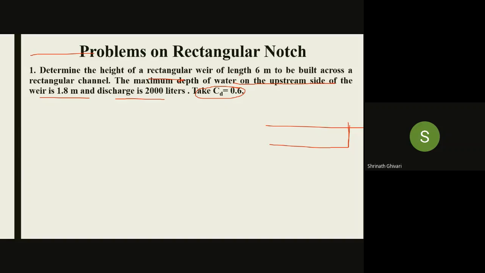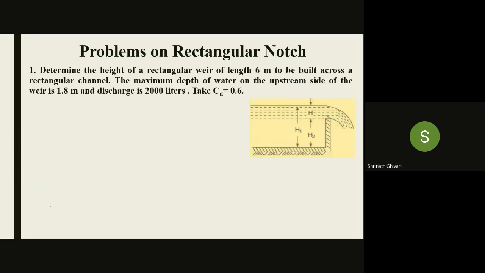If you consider the diagram, the question says determine the height of a rectangular weir of length 6 meter to be built. The length is perpendicular to this plane, so it will be like this. On that side it will be length L equal to 6 meter, write it down.